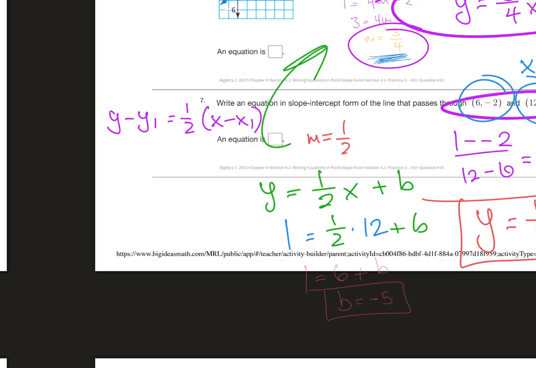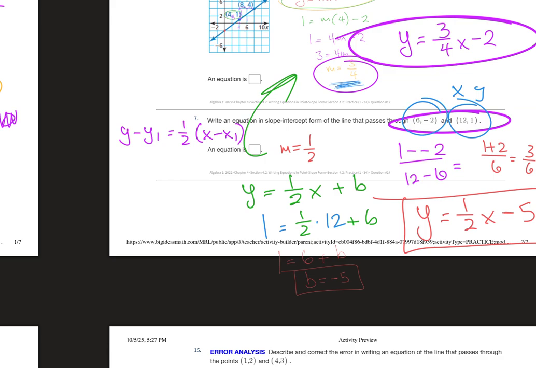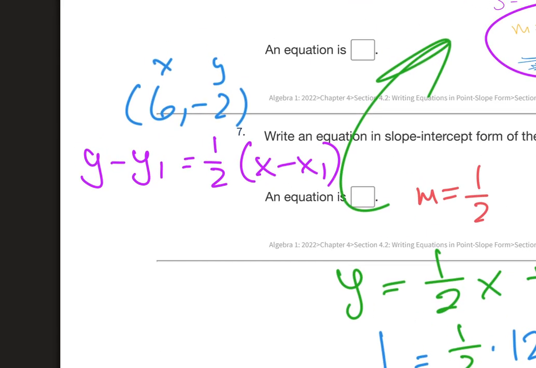Which point do you want to use? Well, we just used 12, 1. Let's get crazy. Let's use 6, negative 2 now. So 6, negative 2, that's the x, that's the y. Let's zoom in here and do this. y minus negative 2 equals 1/2 times x minus 6.